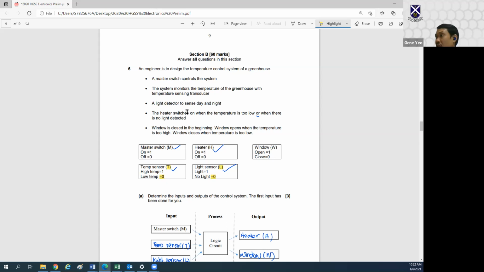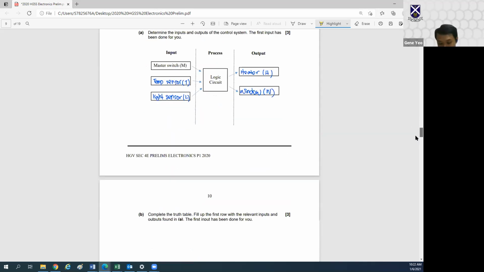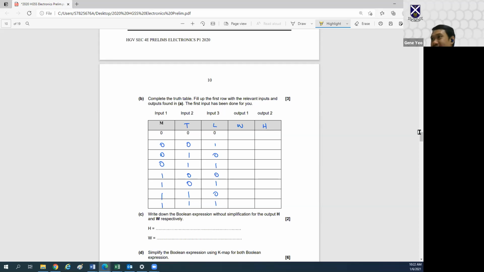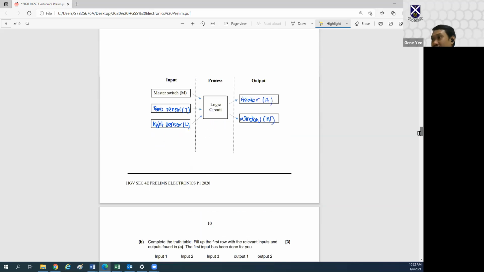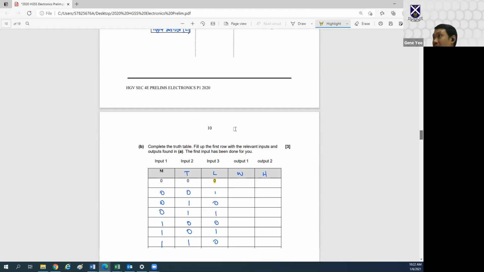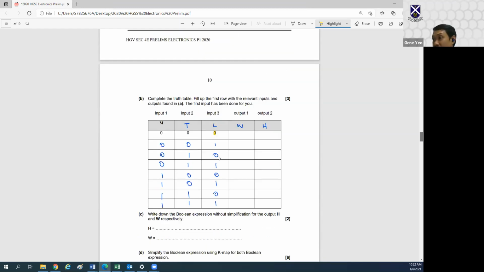So let's go back down to the heater. So the heater, L, the light, wait, what did I say? The L0 and T0. Okay, so the L0. Where's the highlighter? It's not working anymore. Okay, never mind.